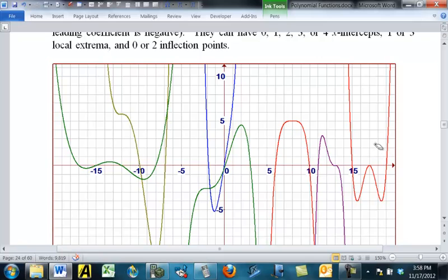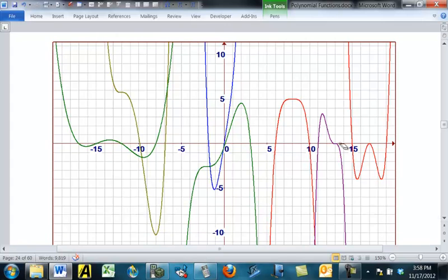You could also have degenerate cases where you don't have the 3 extrema. So there's your 3 extrema. Over here's 3 extrema. But in some of these cases, like this purple one, the green one, this olive one over here, the limit of what happens is as these max and min come together and merge with that inflection point, you keep an inflection point there.